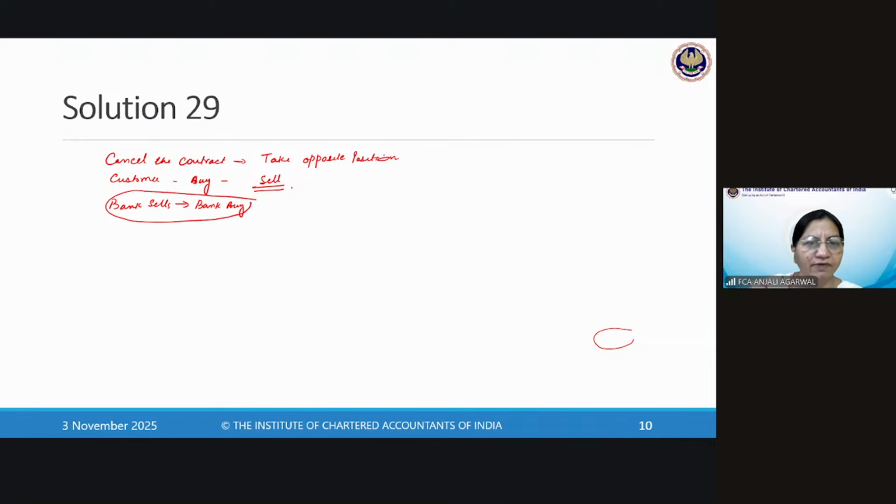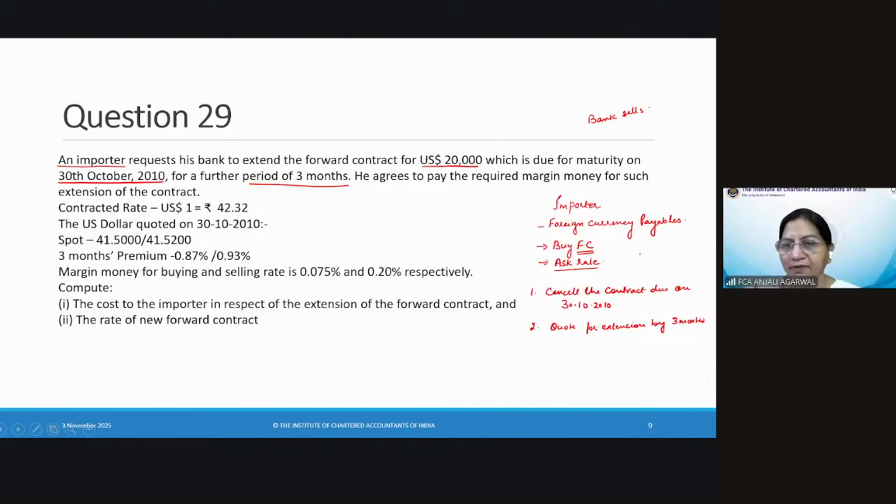Okay, so that when the customer has to sell, bank has to buy, bid rate is applicable. Or we have just seen in the previous slide, I just wrote here, what rate is applicable? Ask. So to cancel, bid rate would be applicable.